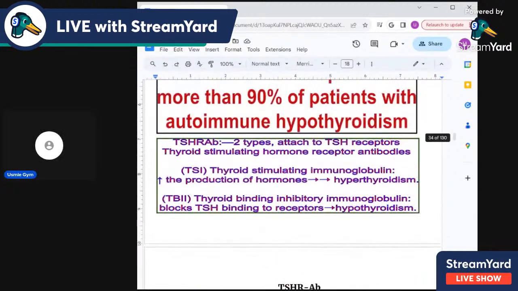Then we have the TSH receptor antibodies, two types: stimulatory immunoglobulins, found in hyperthyroidism, and inhibitory immunoglobulins, found in hypothyroidism.